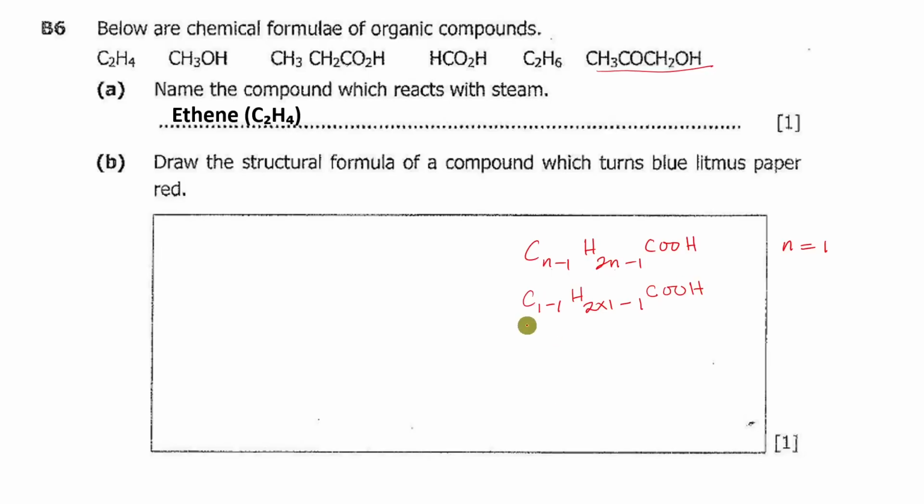So here you have C, 1 minus 1 is 0, then here H, 2 times 1, 2 minus 1, 1, then COOH. Because it has a 0, it will disappear. This one has a 1, it will just be C. Then you can write it as C, then these two O as O, O, H. Qualifies, huh?